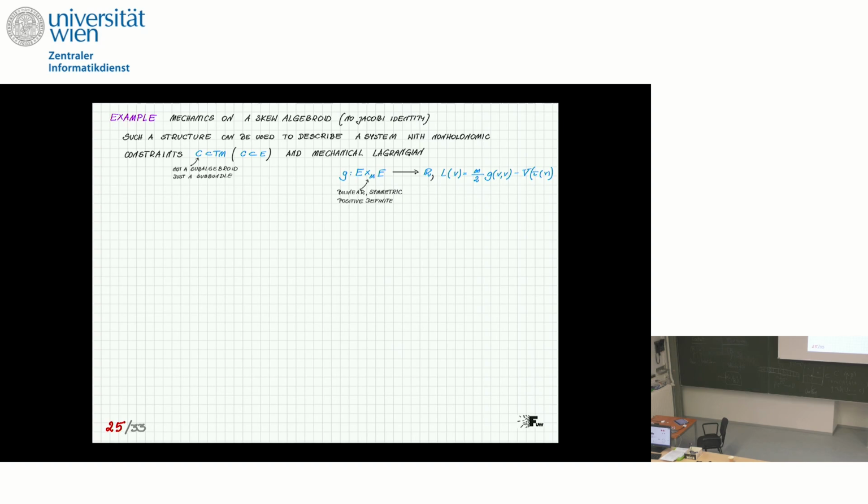And such a system can be constructed out of, we could start with any Lie algebroid, or in the classical case, we could take just TM and constraints, which are a linear subbundle, which is not a subalgebroid. It means that it is not closed with respect to the bracket.